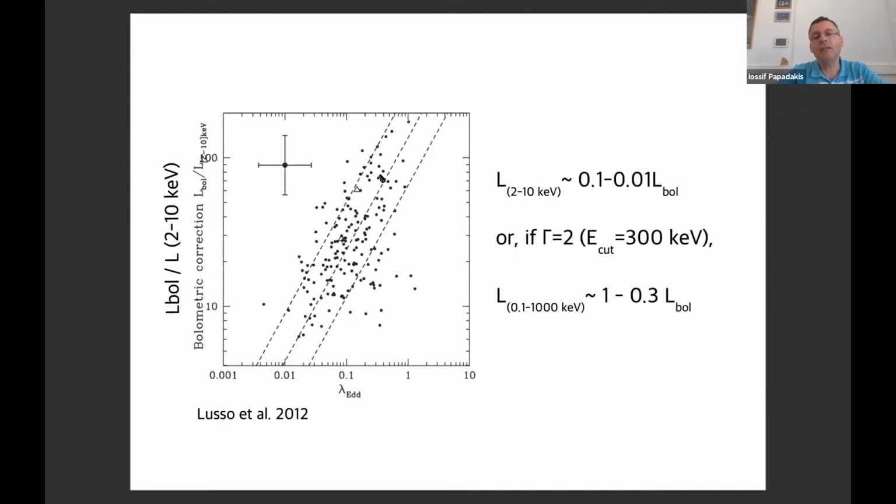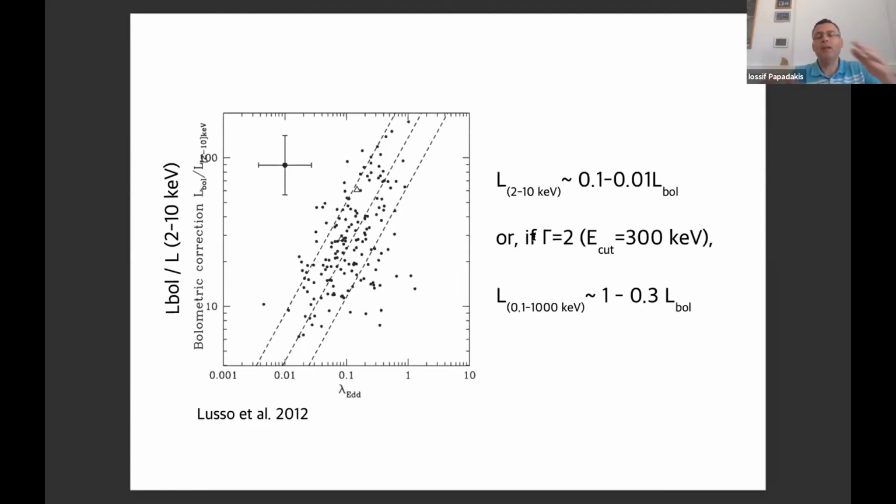And as the accretion rate increases, you have objects where the ratio of the bolometric over the 2 to 10 keV band luminosity is approximately 1%. But of course, this is the 2 to 10 keV band.